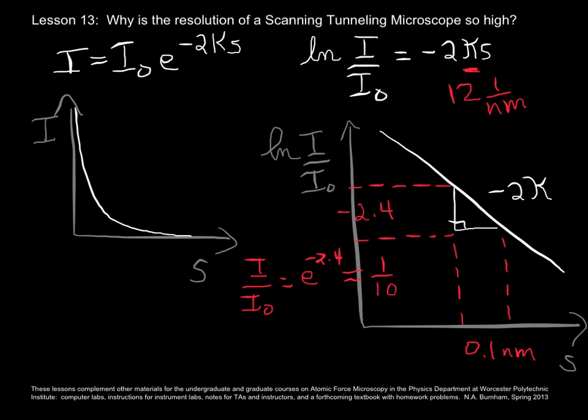So by increasing the separation between tip and sample by 1 angstrom, we have decreased the current by a factor of 10. So that is the key to STM's resolution. I have heard of noise levels in STMs as small as 4 picometers, and seeing as the diameter of a hydrogen atom is 100 picometers, that is really impressive.